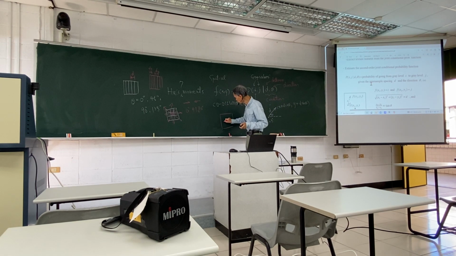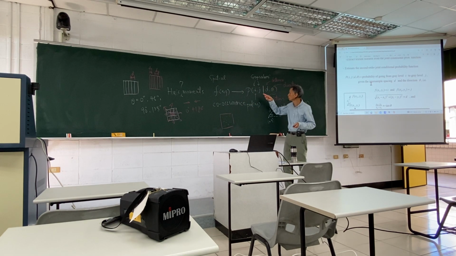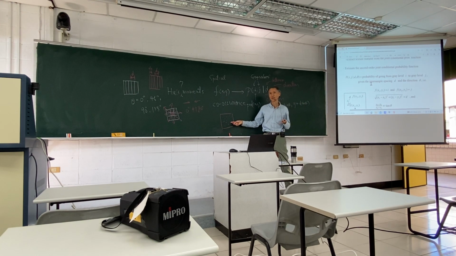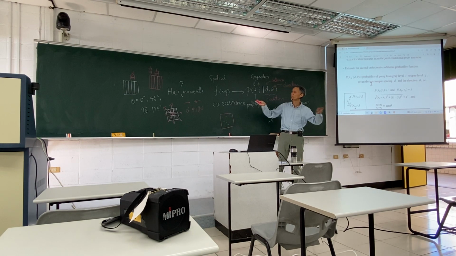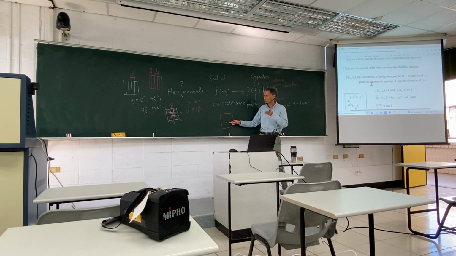If you have a texture like this, then you should not go for this joint conditional probability, because the direction is what? It's undefined, right? Or the direction could be in any orientation.